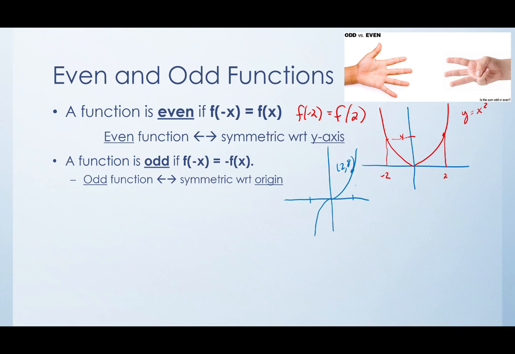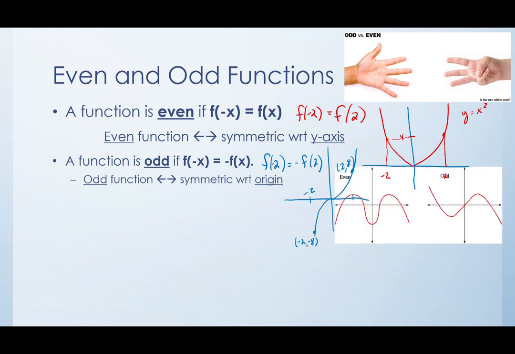If I plug in -2, I'm going to get -8 out of this, right? So that one we're saying f of -2 is the negative value of the function when we plug in 2. But it really just means it's symmetric with respect to the origin.